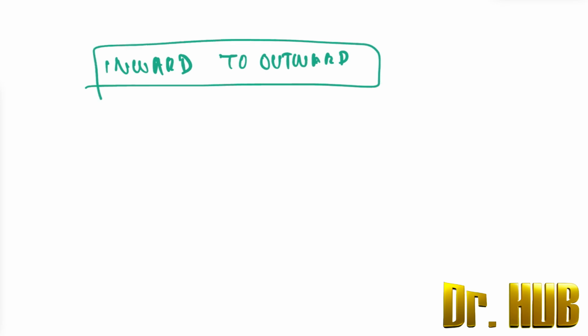Before we move ahead, let's look at what areas are seen during monopolar cautery. We will look from the inward to the outward. So what are the structures seen? First there is vaporization.